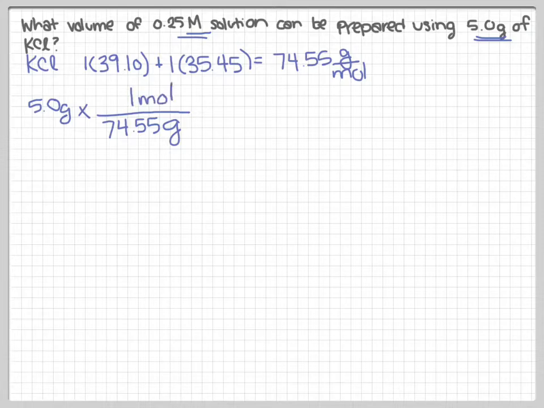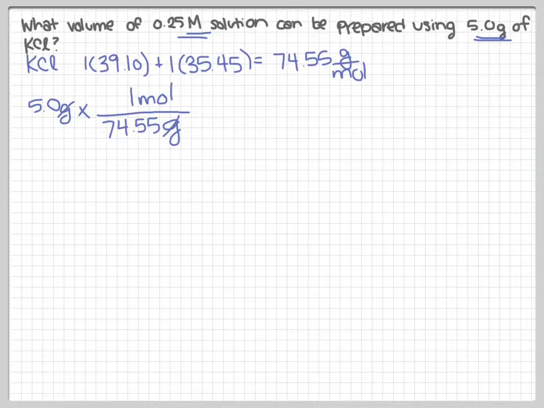To cancel out my grams and get moles, which gets me 1 step closer to my answer, I had to use that molar mass and flip the conversion factor upside down. That's okay. This conversion factor is still true. There's still 1 mole in 74.55 grams, and still 74.55 grams in 1 mole. I get to represent that conversion factor in either direction, and it will still be true. So I chose this direction so that my grams would cancel.